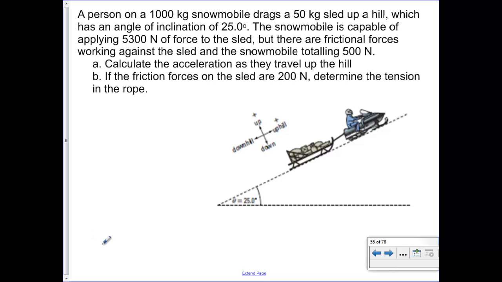The basic concept from yesterday, just a quick recap, is Newton's third law. You've probably heard it in some capacity: every action has a reaction force. It doesn't actually change any of the math we do, like there's not a new formula. The key though is often in solving tension problems. When there's a rope between two items, the tension pulling on the snowmobile is the same tension that's pulling on the sled.